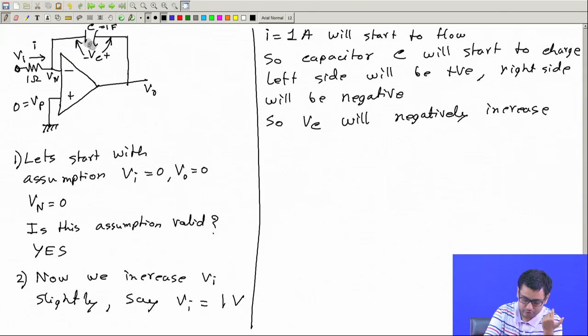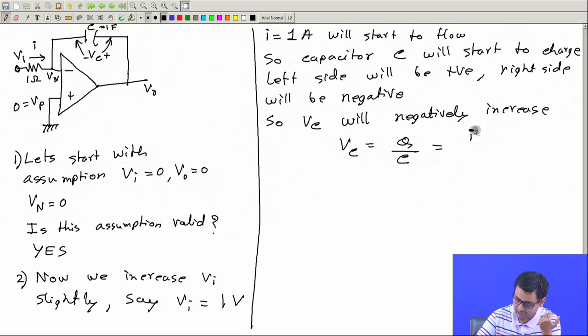We know the voltage Vc is proportional to the charge accumulated. We know C is Q by V, so Vc is Q by C, and what is Q?